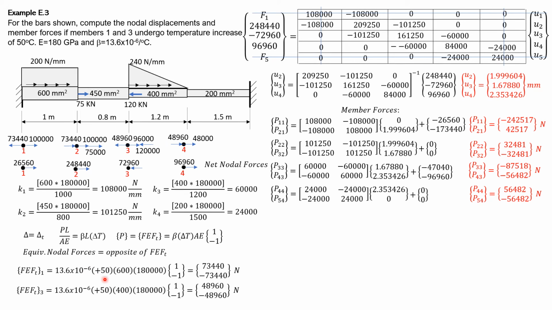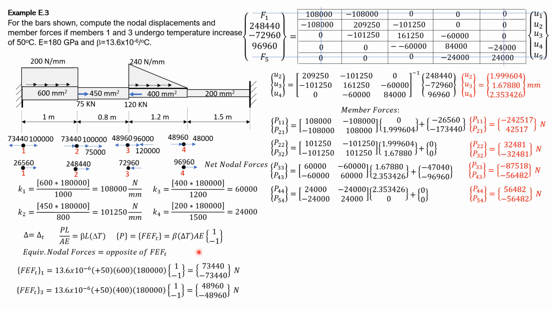Change in temperature is positive 50 because we have temperature increase for members 1 and 3. Then the area of member 1 is 600 mm square. Then modulus of elasticity 180,000 megapascals times 1 over negative 1. So we have 73,440 and negative 73,440.